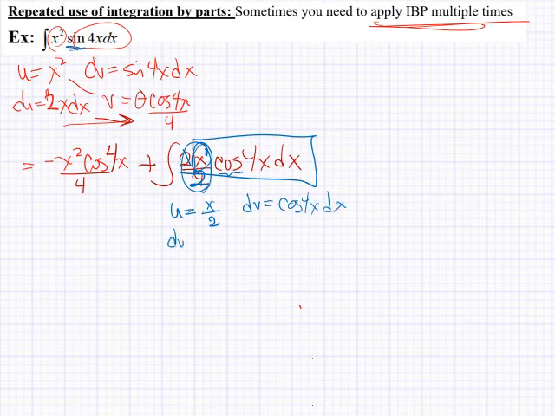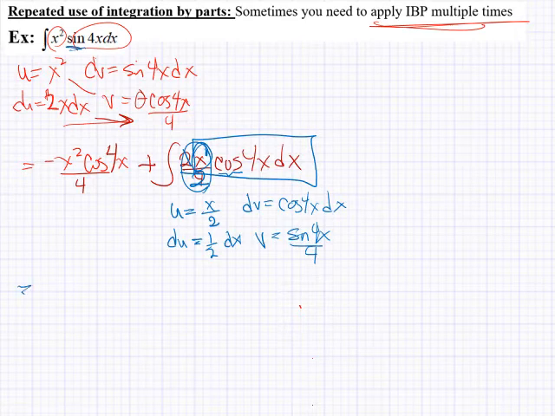So du would end up being just 1/2 dx, and v will now be sine 4x over 4.